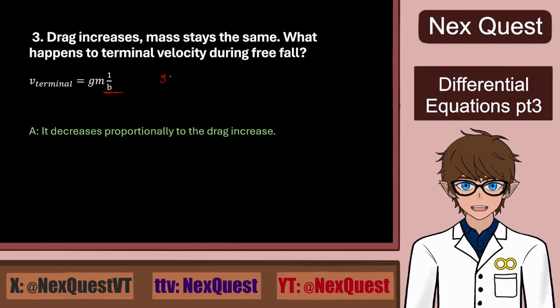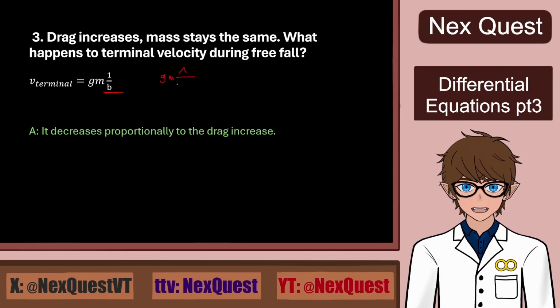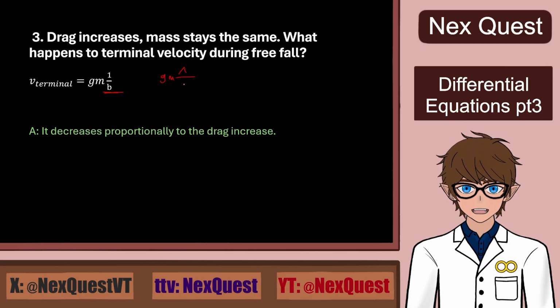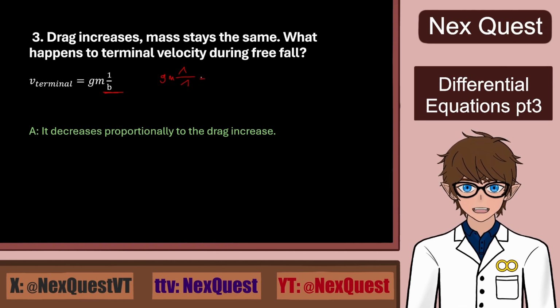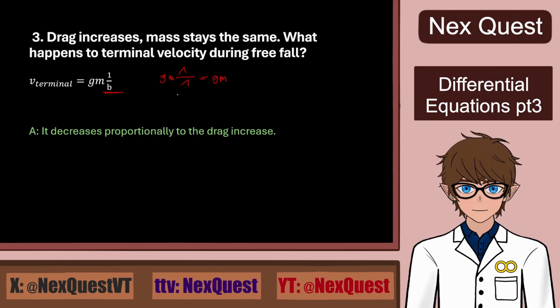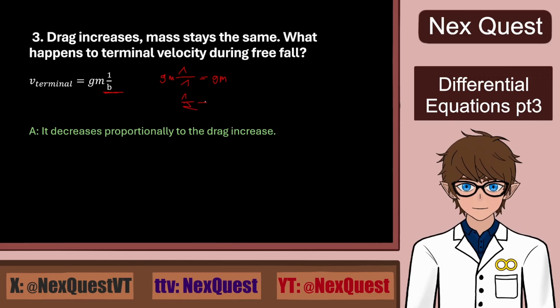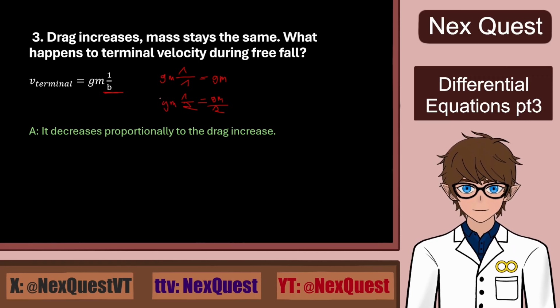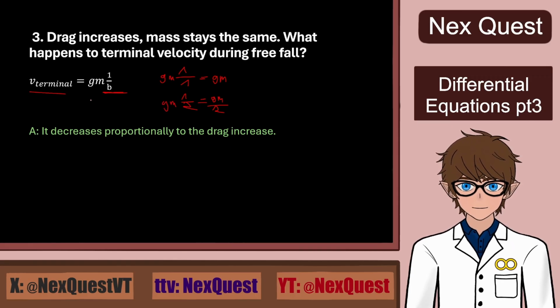Let's say if the drag coefficient was 1, the terminal velocity would just be gravitational acceleration times mass. If it were 2, it would be gravitational acceleration times mass halved. So we see that the higher the b, the lower the v, kinda.